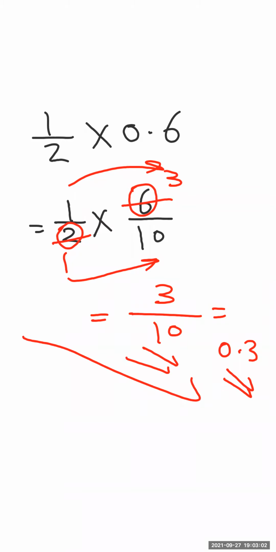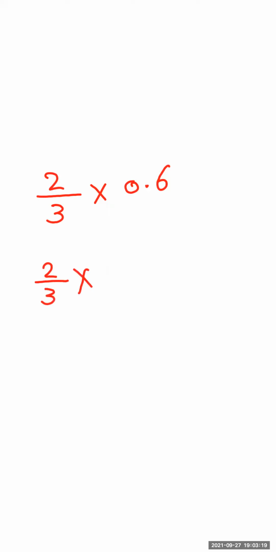Exactly. Okay. If I want to multiply another two numbers, like 2 over 3 times 0.6. So it's 2 over 3 times 0.6, which means what, guys? It's 6 over 10.